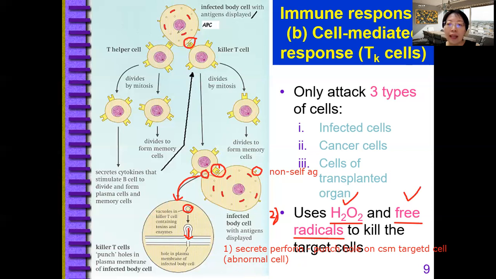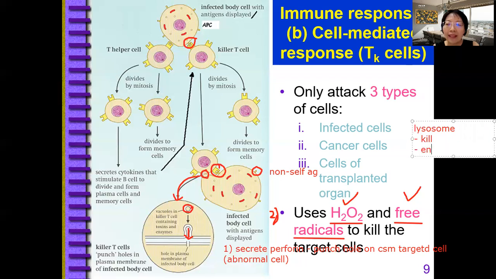These are also the chemicals that are found in our lysosome, because if you remember, when you learned lysosome, there are 2 main types of chemicals in the lysosome. H2O2 and free radicals are used to kill bacteria, whereas you also have enzymes that are used to digest certain molecules by hydrolysis, to break certain bonds in the polymer.